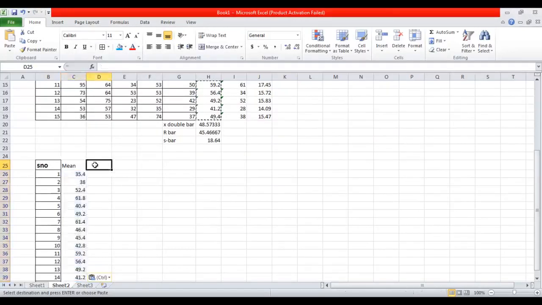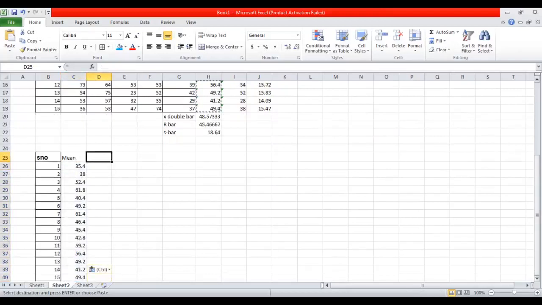Since I have used a formula, the values will not be placed directly. You shall use paste special and paste the values there. Then UCL. In our chart also, how do we draw the UCL? A horizontal line, right? From the first sample to all 15 samples, we'll draw a horizontal line.